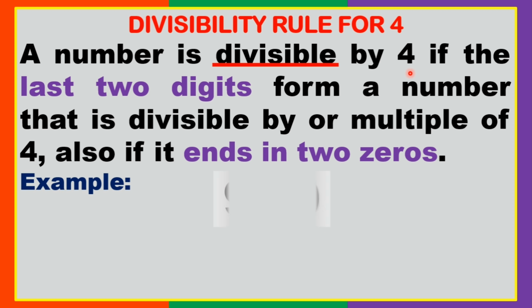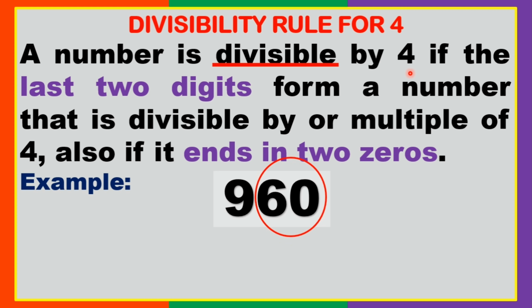For example, 960. What are the last two digits? We have 60. Do you think 60 is divisible by 4? Yes, because when you divide 60 by 4, you get 15. Therefore, the whole number 960 is divisible by 4 or has the factor of 4.